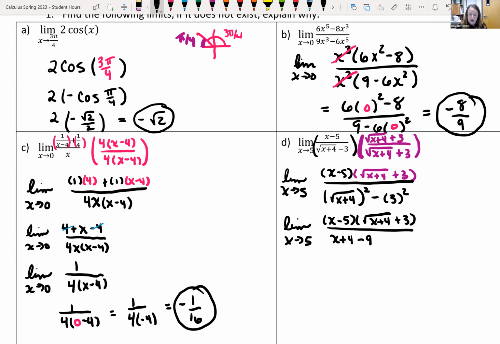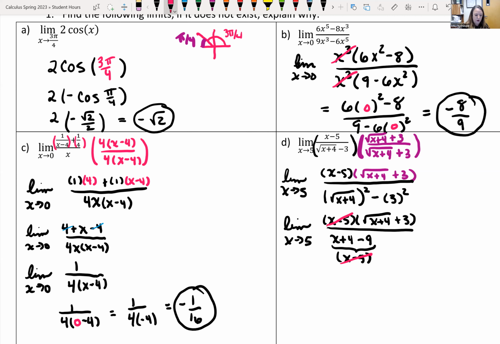So I notice right here, if I simplify the denominator a little more, that reduces to x minus 5. So now I have a common factor, x minus 5, in the numerator and in the denominator. So I'm going to cancel those out.